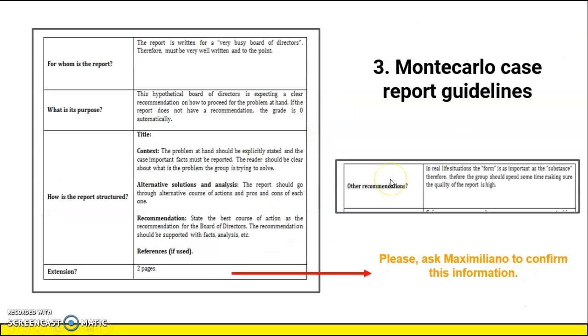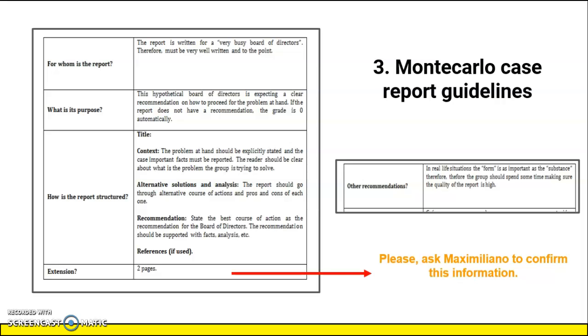Based on the guidelines you have been given in your course program, in this report, you are expected to write it for a very busy board of directors. Consequently, it must be very well written and to the point. The purpose is to write down a clear set of recommendations on how to proceed for the Monte Carlo case problem.